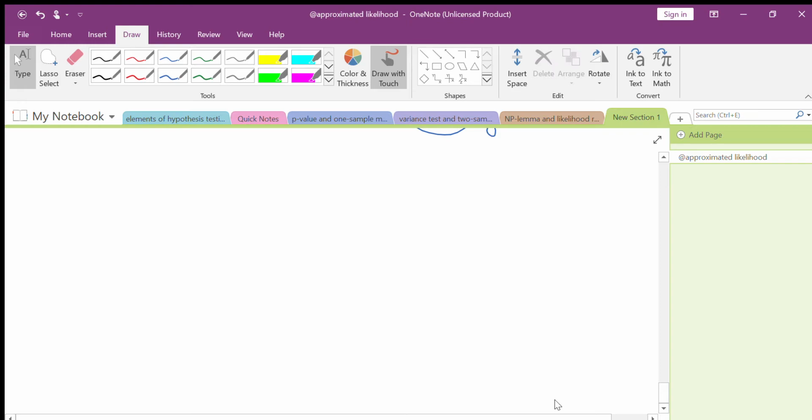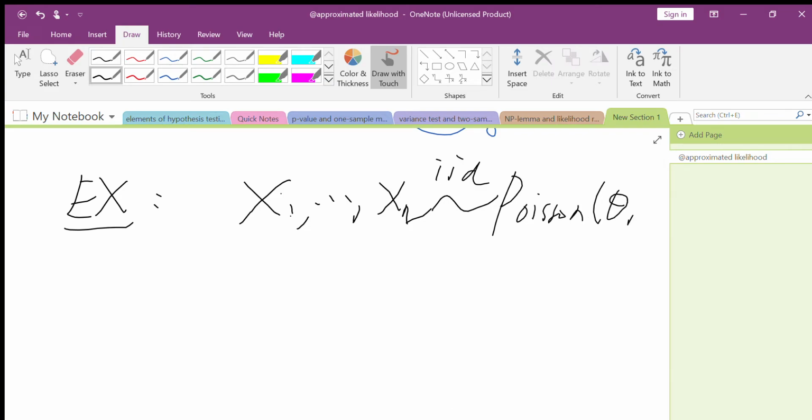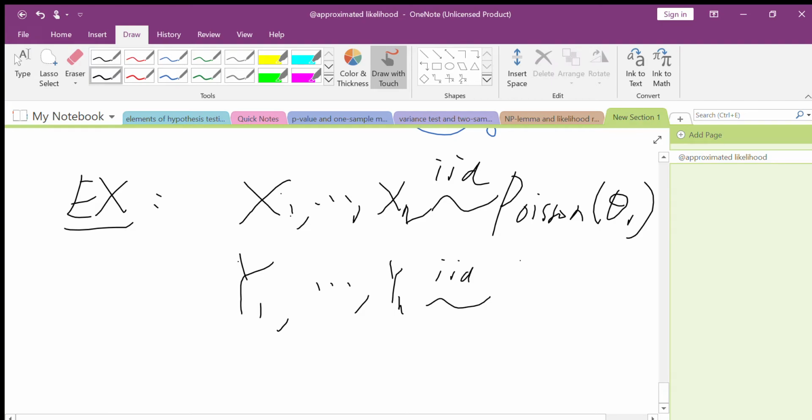So let's see an example of this approximated likelihood ratio test. In this example, we are given two random samples, capital X1 to capital Xn, IID Poisson with parameter theta 1, and another random sample, capital Y1 to capital Yn, IID Poisson with parameter theta 2.